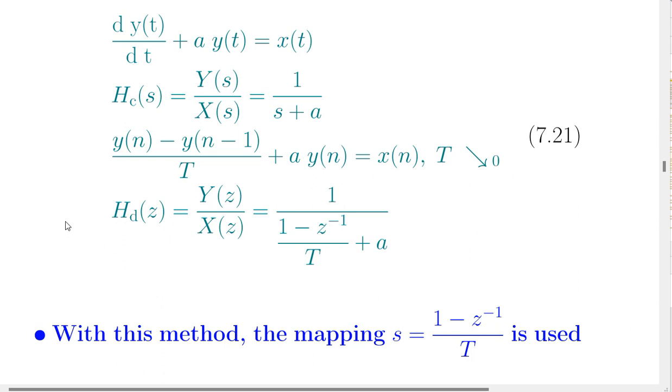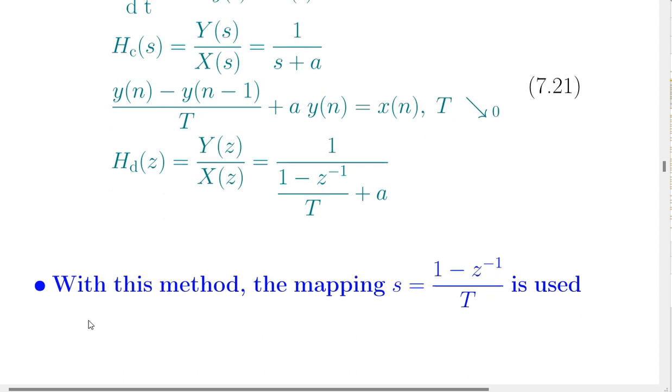Okay? Now, Hd of z will be equal to Y of z over X of z, which will be equal to 1 over (1 minus z to the power of minus 1 over T) plus a.